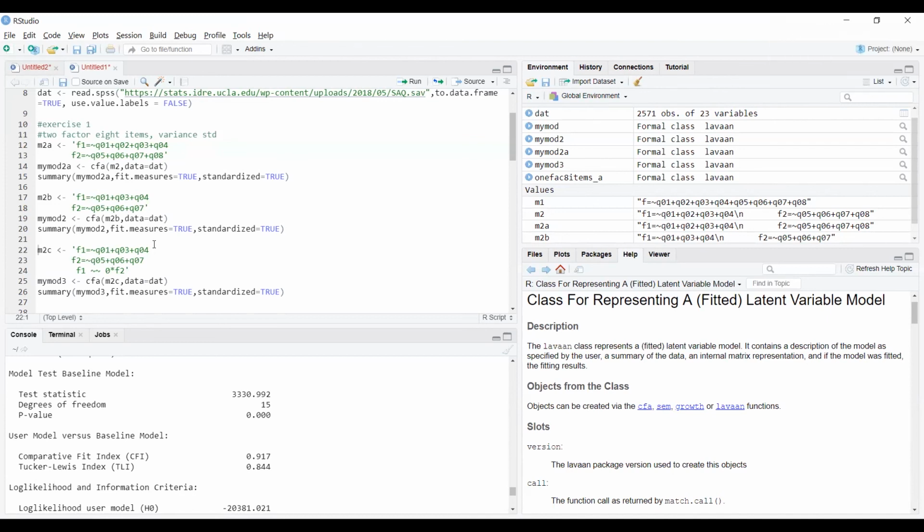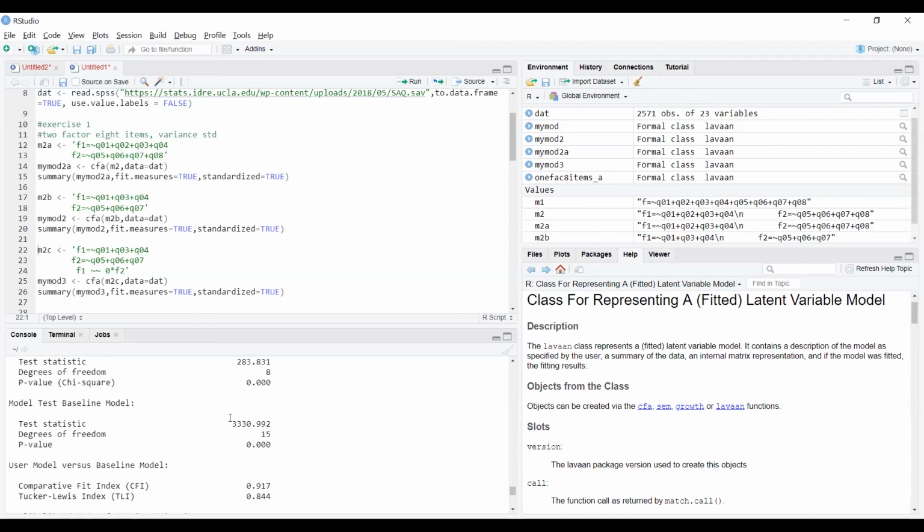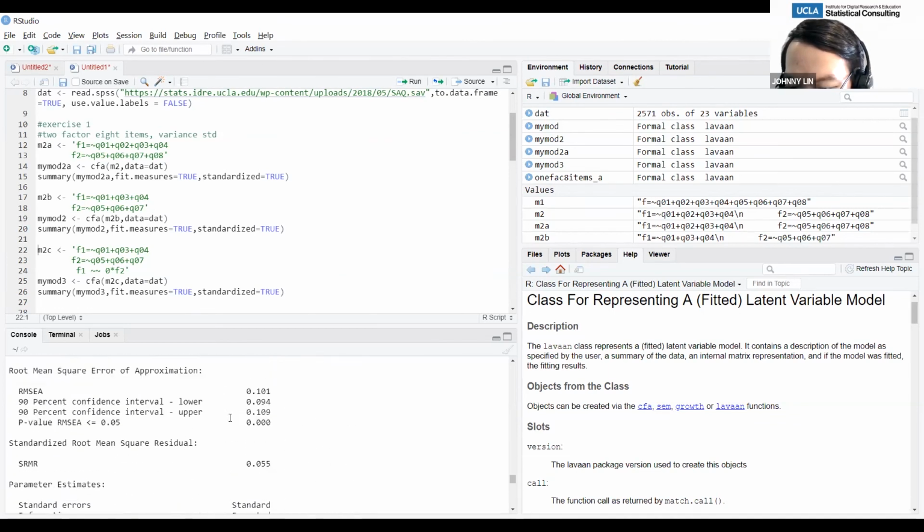Hi, Johnny, I have a question. The first time I did it, I forgot to remove 8. After I removed 8, the CFI went up and the TLI went down a little bit, like 0.01. But how could that happen? Wait, so you said the TLI went down?